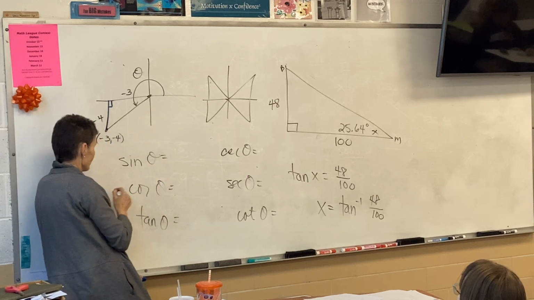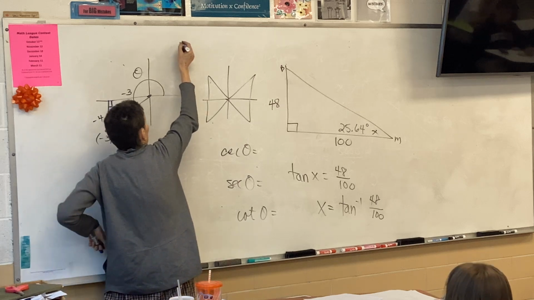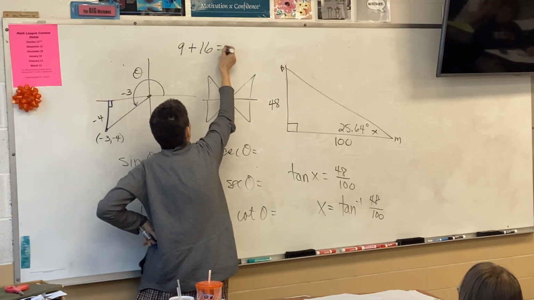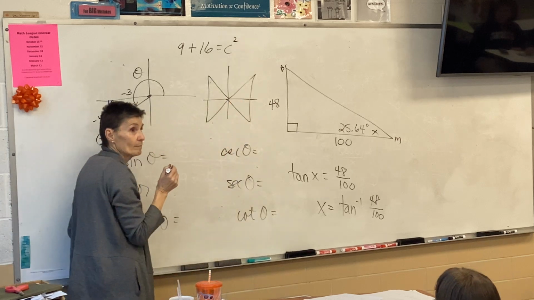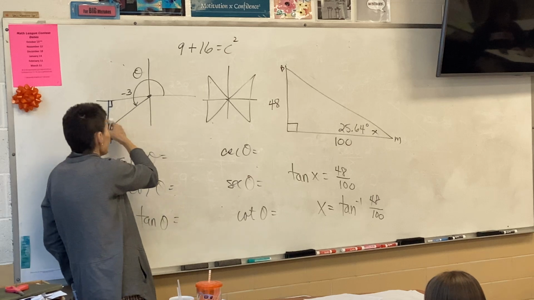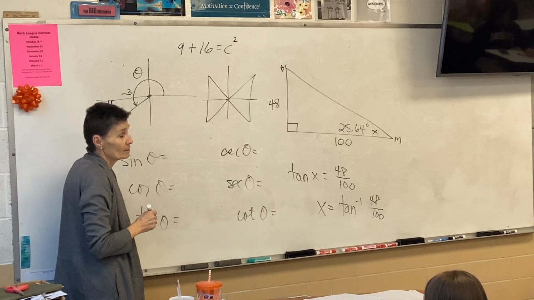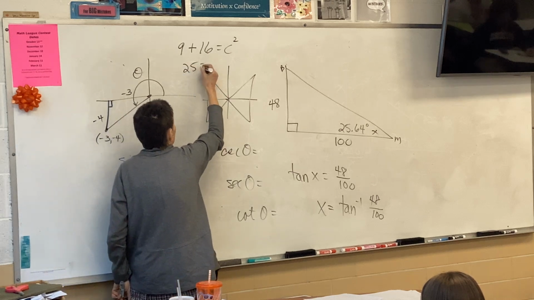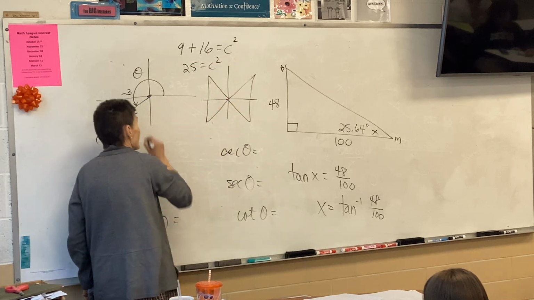Yeah, it's -3 squared plus -4 squared, 9 plus 16 equals c squared. They may be negative, but I'm squaring them, so they're positive. So 25 equals c squared, and it is 5, that's right.